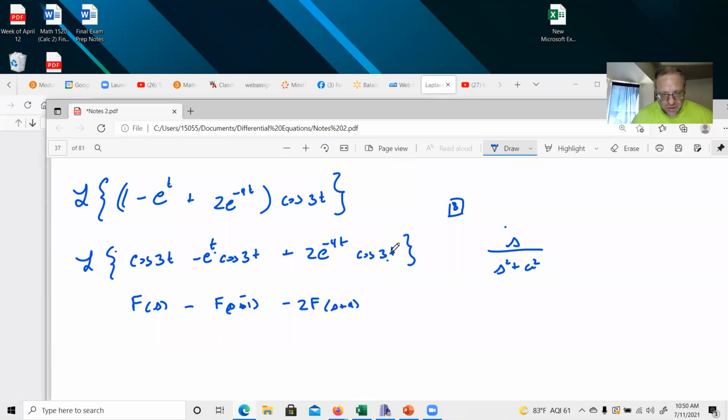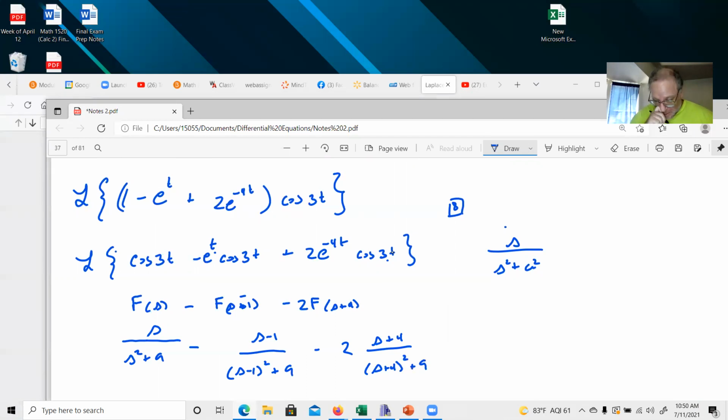So we're going to have s over s squared plus 9, minus s minus 1 over (s minus 1) squared plus 9, minus 2 times s plus 4 over (s plus 4) squared plus 9. All I'm doing is replacing my s with s minus 1 and s plus 4.